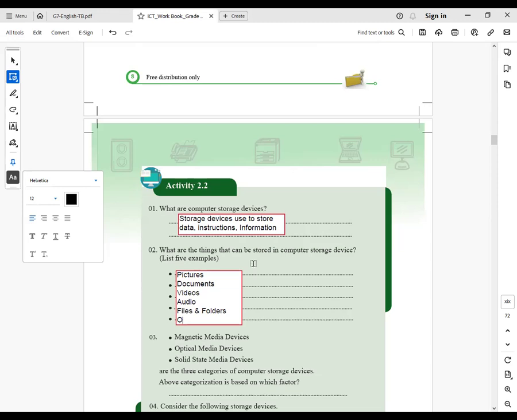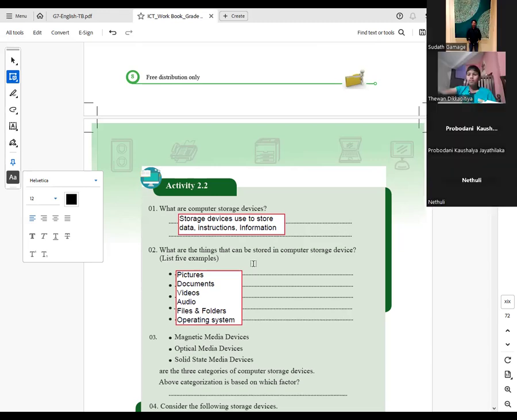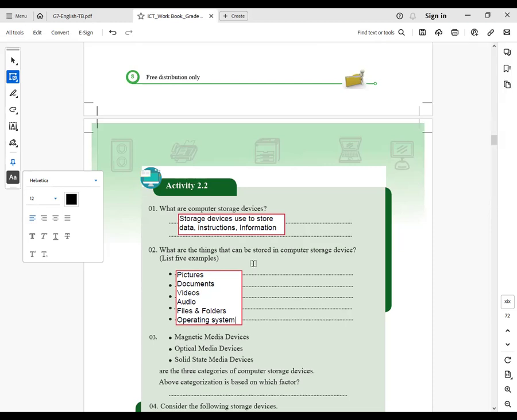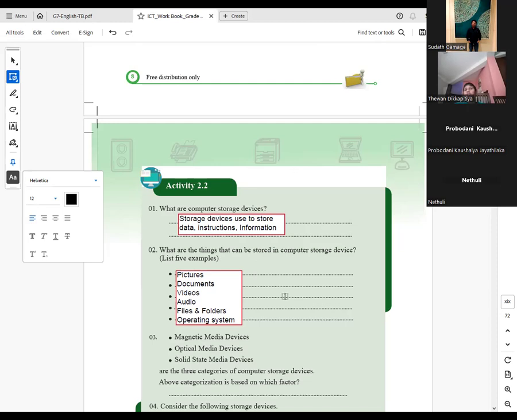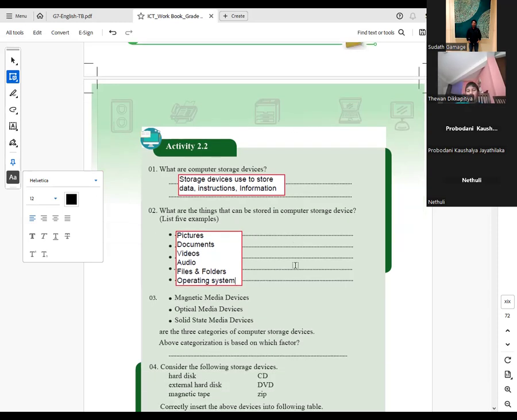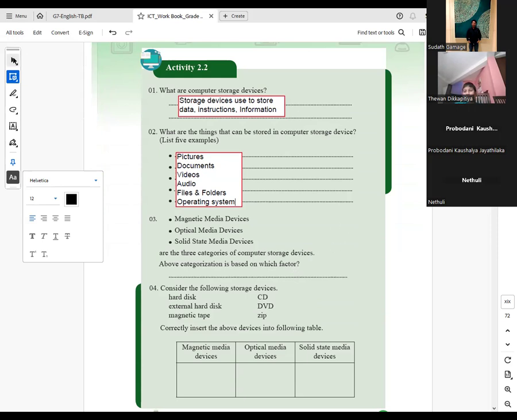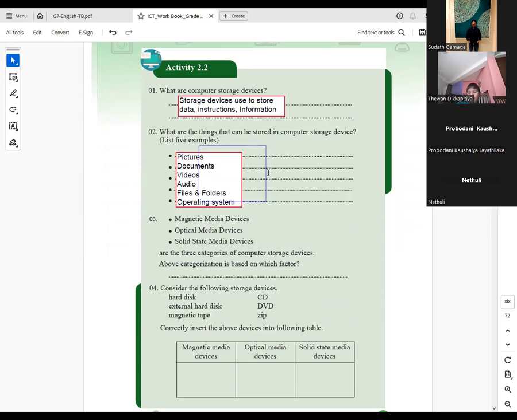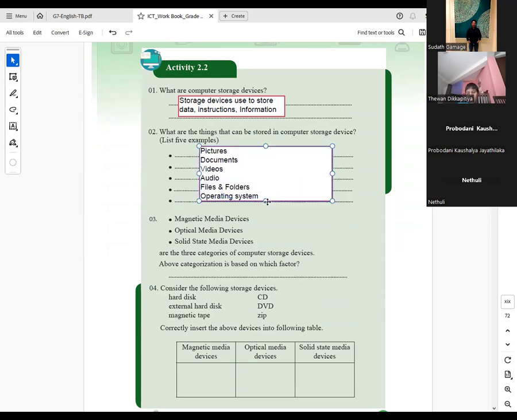You can also store operating system. These kinds of things we can store in storage devices: pictures, documents, videos, audios, files and folders.